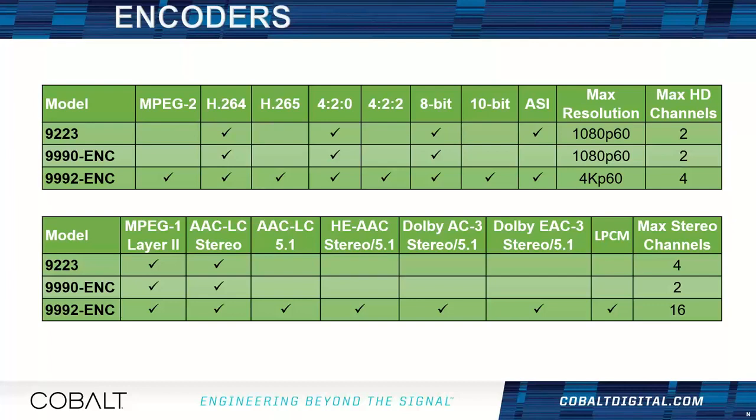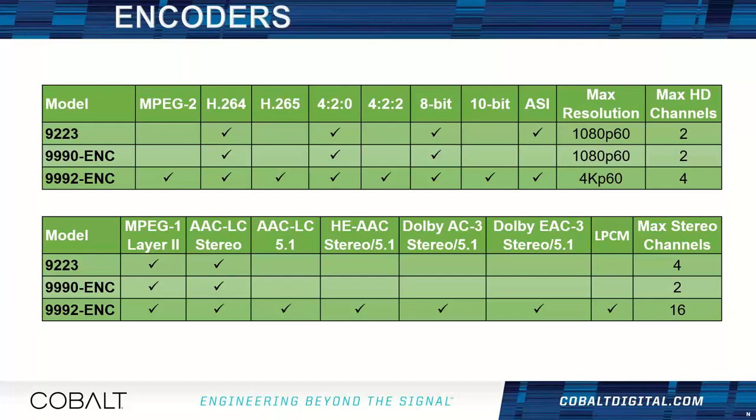These 2 matrices show the different capabilities of the encoders. We have the 9223 series and the 9990 series, which are H.264 4:2:0 encoder only with 3G capability and dual channel. And our new 9992 encoder has been shipping for a few years, but yeah, we should call it new. It's a quad channel encoder with 4K capability and does everything from MPEG-2 all the way to HEVC and 8-bit, 10-bit, and 4:2:2.